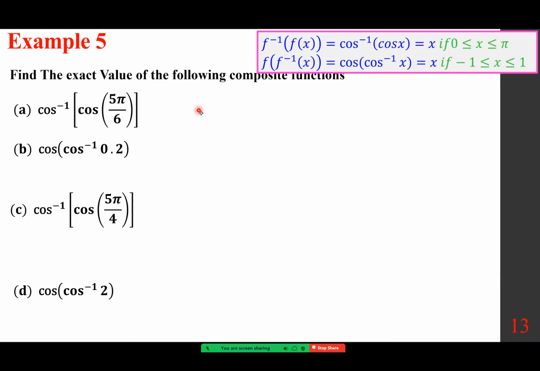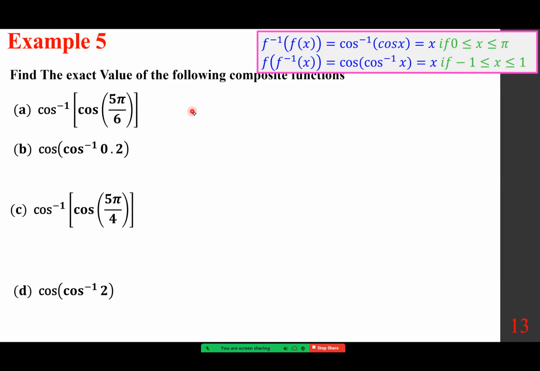Again, reminding everyone that the cosine inverse of cosine is x, cosine of cosine inverse is x, as long as this is in the right place, okay? And that's really important, as long as this thing works properly, meaning in this case, x must be between 0 and pi. In this case, x must be between negative 1 and 1.